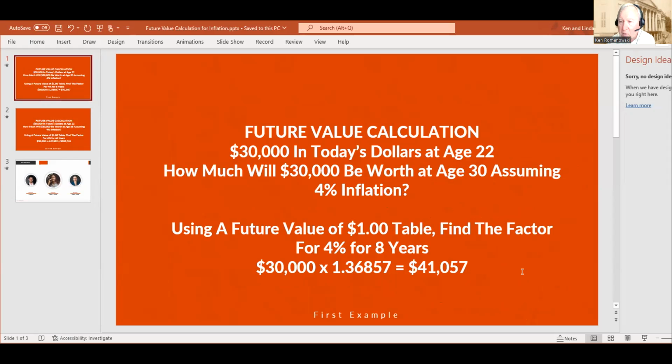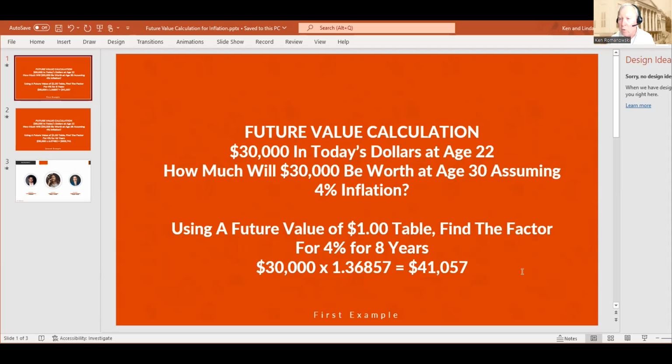The total value in the future is $41,057. So that means that this item that currently is worth 30,000, when you go to buy it 8 years from now, you're going to have to pay $41,057. That's the first part of these calculations.